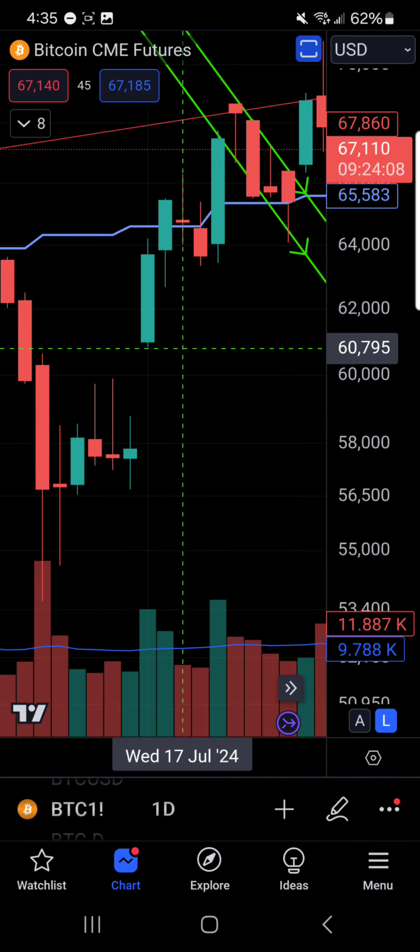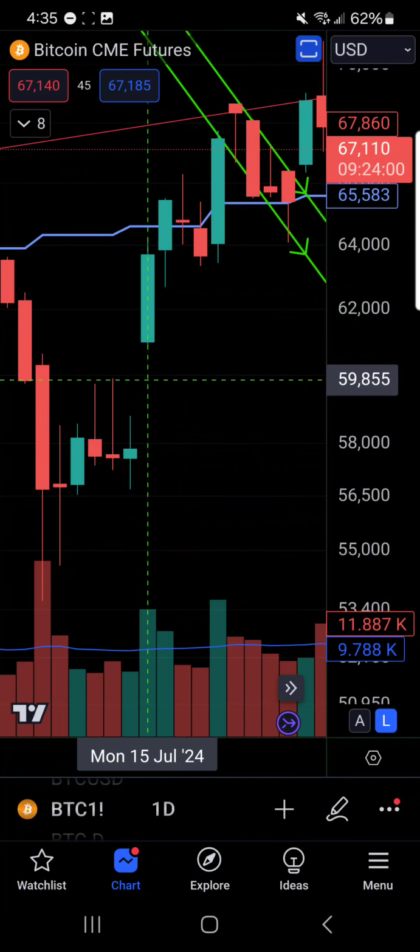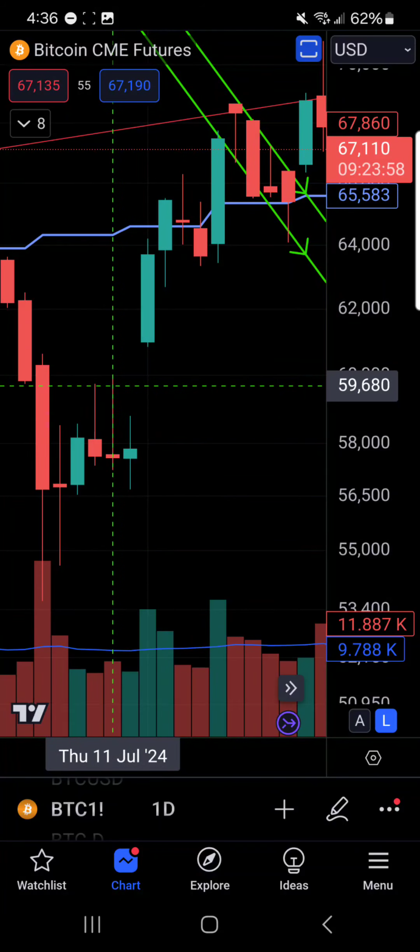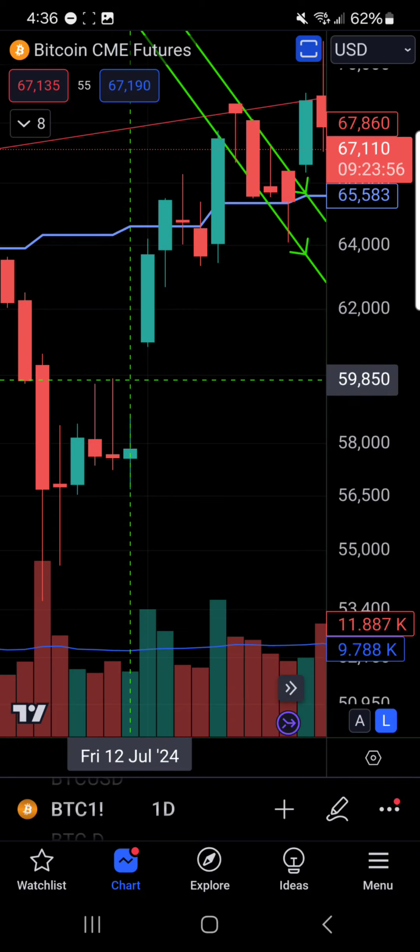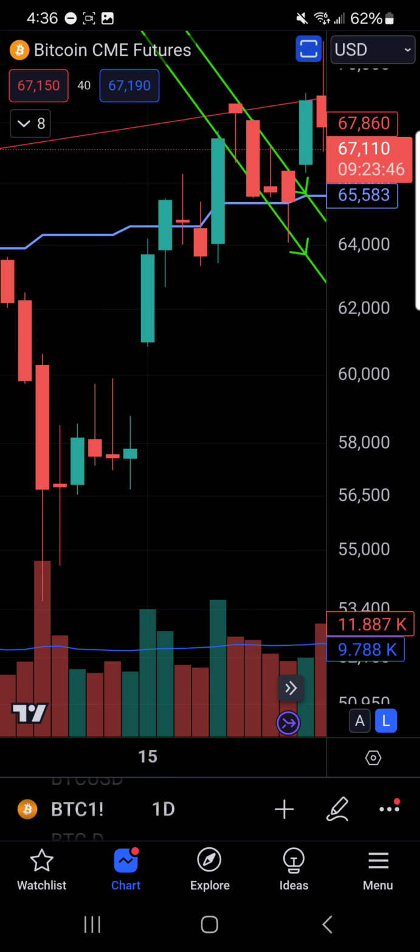And I think that if possibly we just even come down to the top of this wick the day before, that's probably good enough, which is about 59.8. And I think that's probably where we will come down to, as a matter of fact.